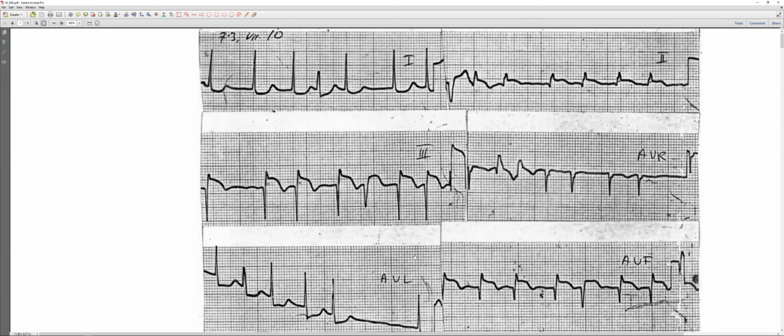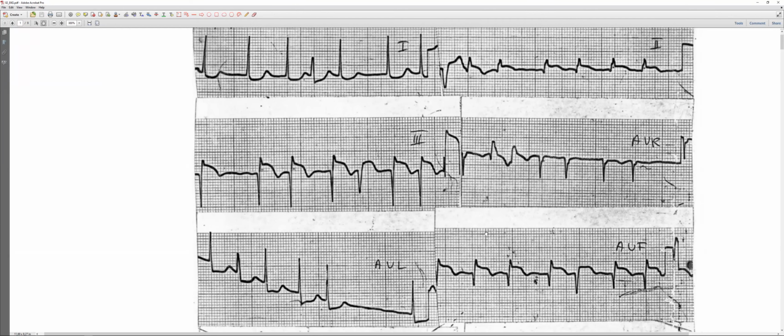Go on. Next one, the QRS complex. Is the QRS narrow? The complex is narrow, good. Next, pathological Q wave.